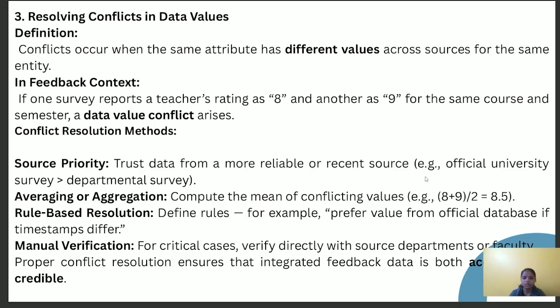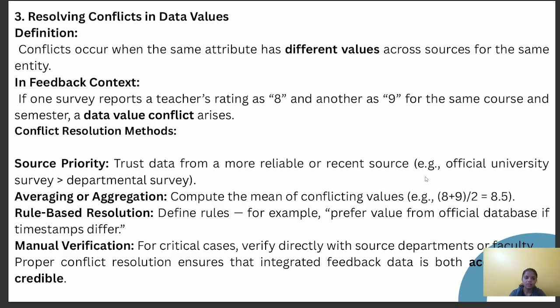To resolve this conflict, we have some methods. First, source priority. Trust the data from a more reliable or recent source, for example, the official university survey or the departmental survey. Next, averaging or aggregation. We will compute the mean of conflicting values. For example, 8 and 9 are the conflicting values, so we will take the mean of them. So the average value is 8.5.